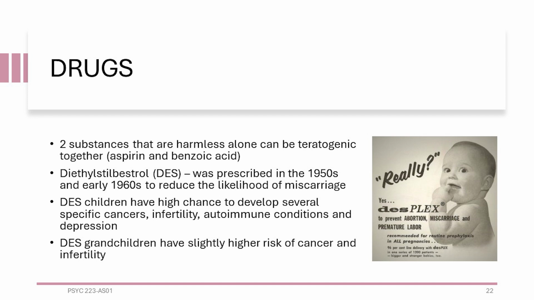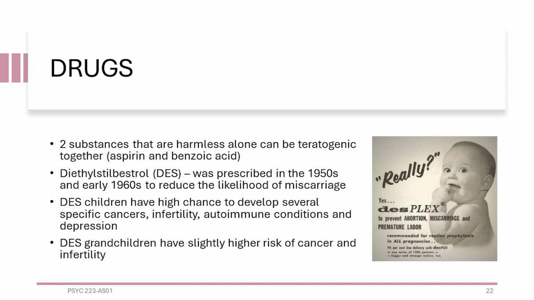Diethylstilbestrol, or DES, was prescribed in the 1950s and early 1960s to help reduce the likelihood of miscarriage. However, it was later discovered that children of those who took DES have a higher chance of developing certain cancers, infertility, autoimmune conditions, and depression.